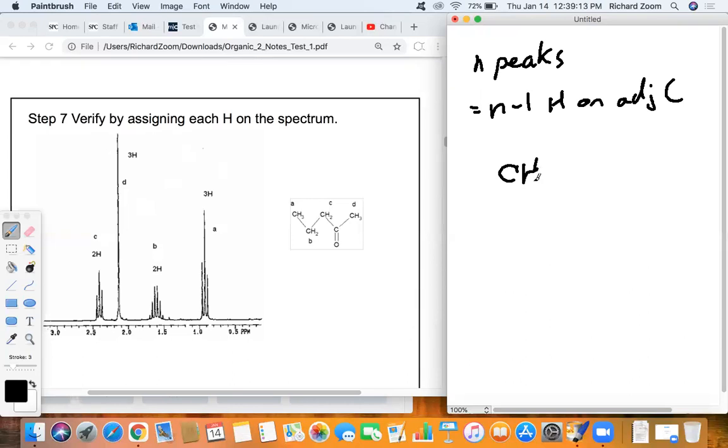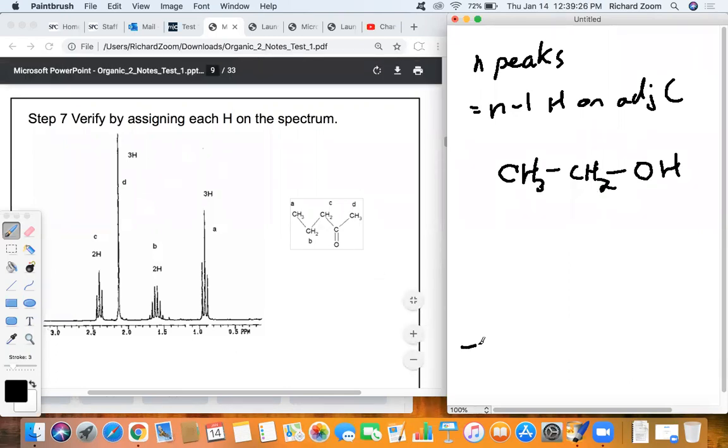All right, let me give you one other thing that's important here about multiplicities. If you look at the spectrum for this compound, it's going to look like this.